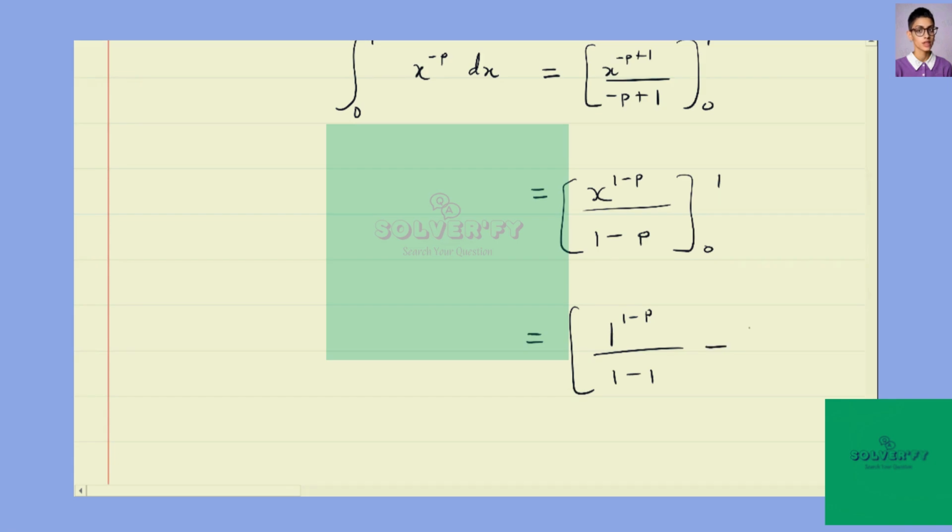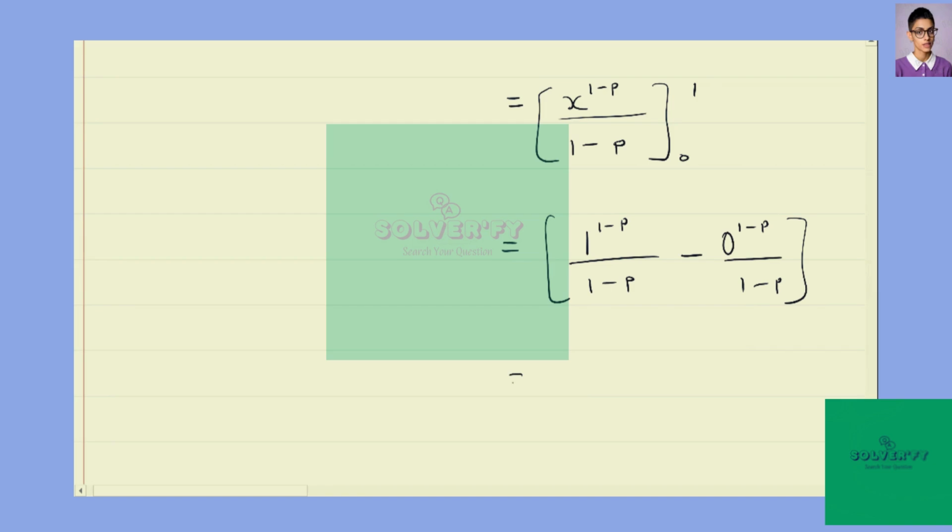The second part, we have a 0 in place of the x. So this gives us 1 to the power of 1 minus p. The whole thing still becomes 1. Okay, then you have 1 minus p. The whole of this part is 0.